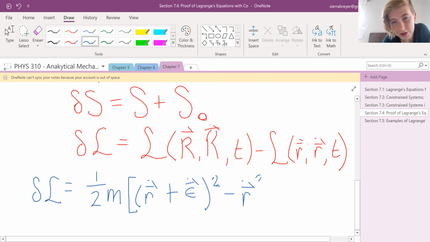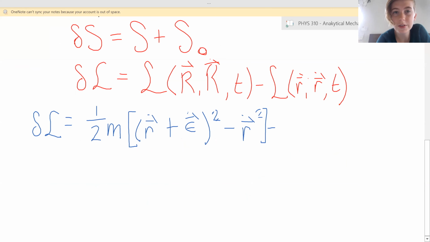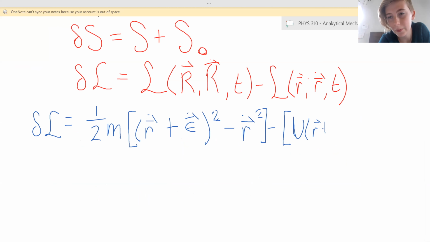So that's just the change in kinetic energy. And then we're going to subtract the change in the potential energy. And again, we're going to plug in our smaller values for the big R.